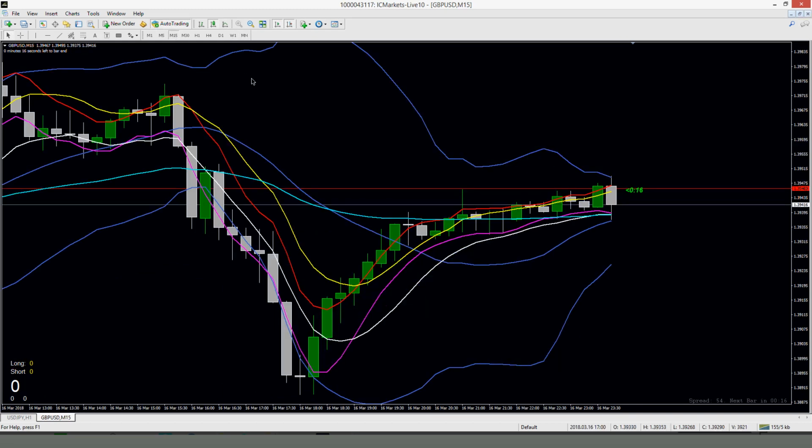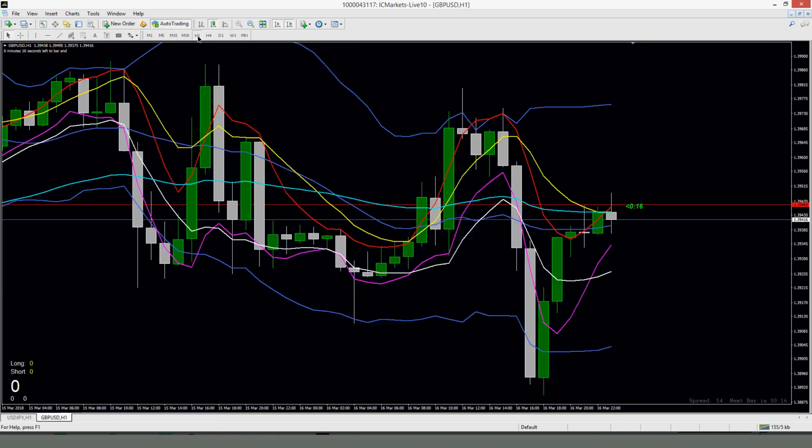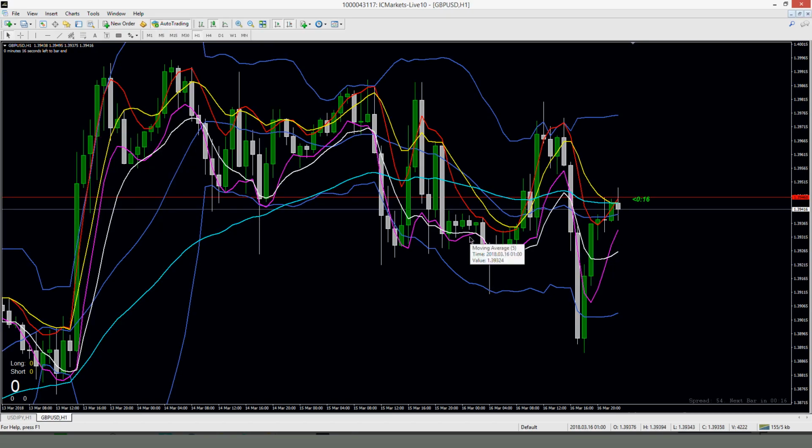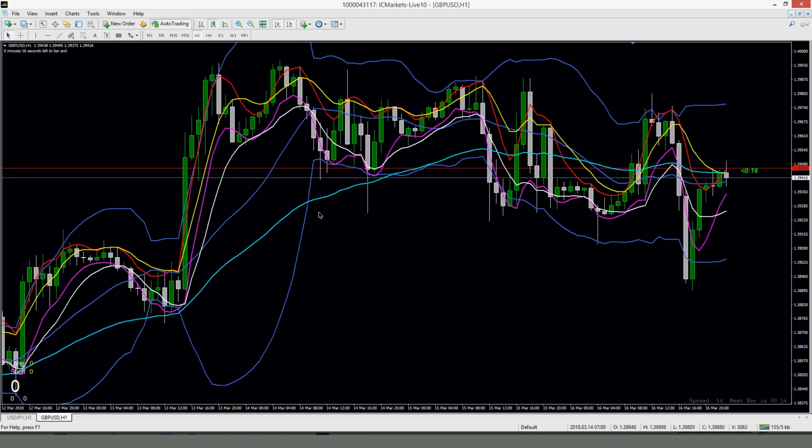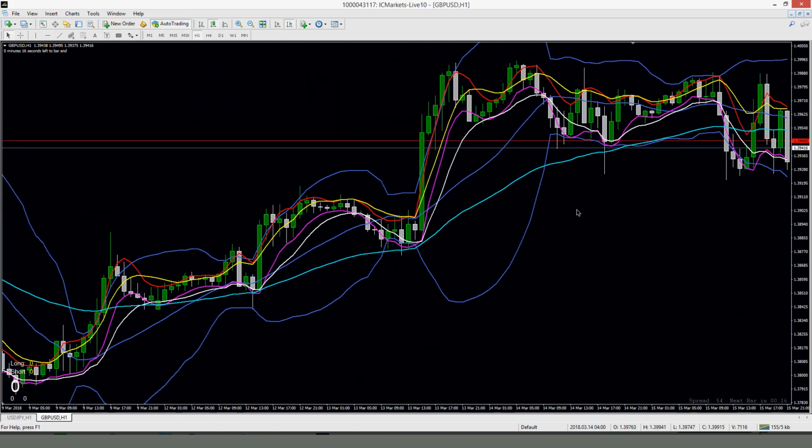If I'm looking at, for example, H1 at this particular juncture, on H1 you have MA50 going above middle BB. That's an indication of a sell zone. But over here, as we can see, this is an uptrend because MA50 is below BB.